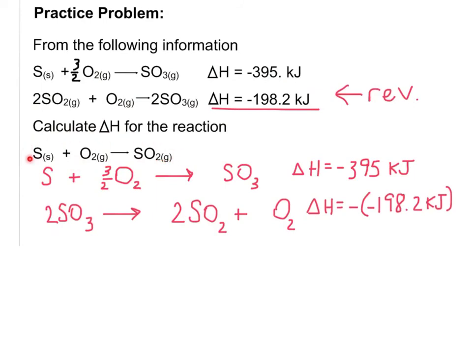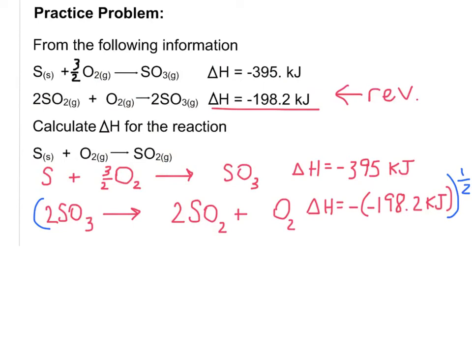So it may be easier to multiply this by 1/2, so that way I maintain my single sulfur and I get simply a single sulfur dioxide molecule, and that matches my final equation that we're looking for. So I'll go ahead and multiply this by 1/2.